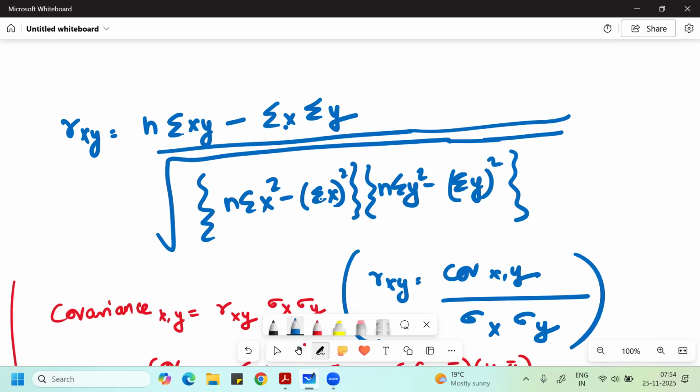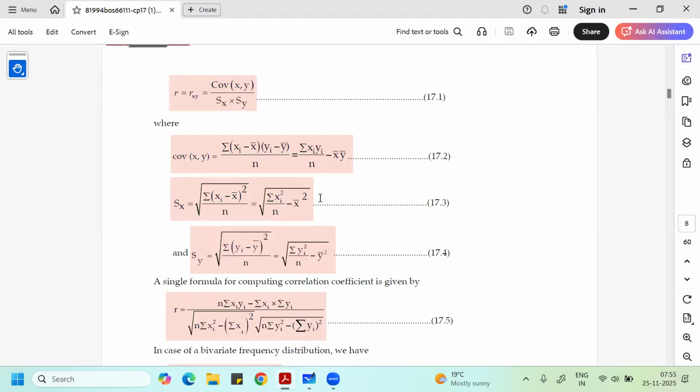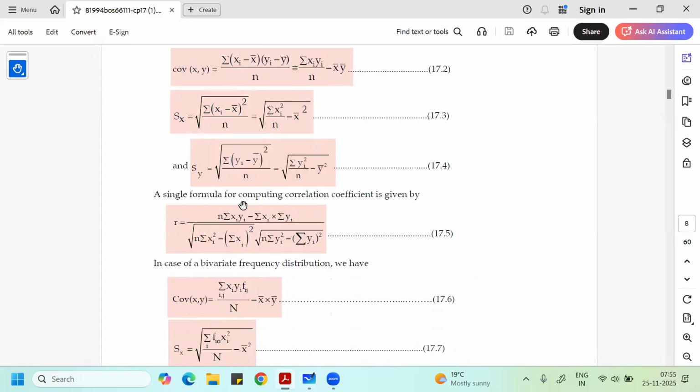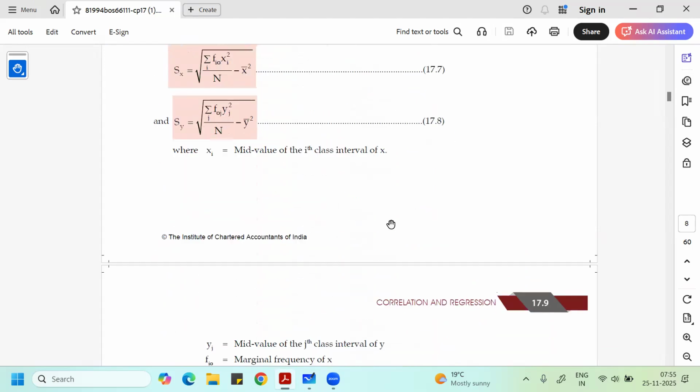This is the Karl Pearson coefficient of correlation formula, and you will get a numerical in the exam based on it.